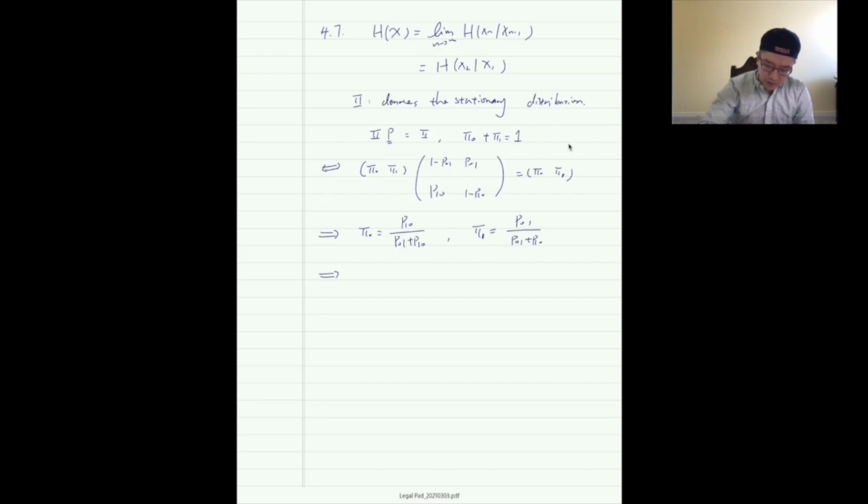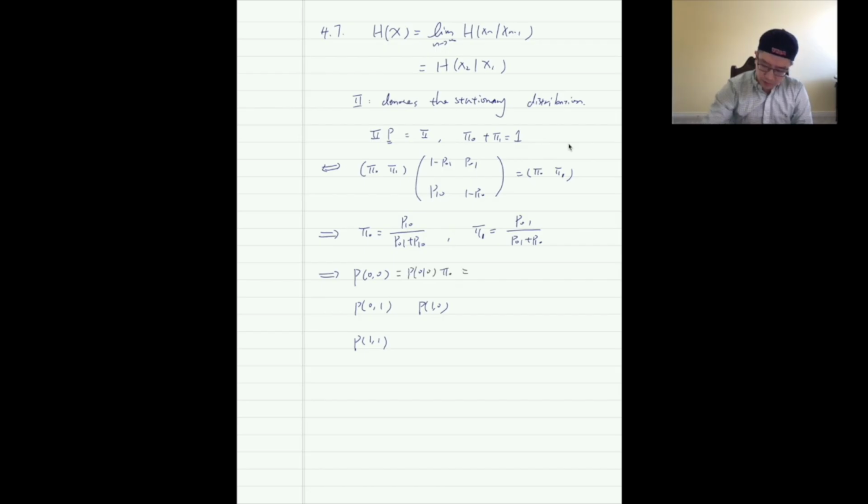Okay, so given this, the next step is to compute the joint distribution of all the states. So I have four cases: p00, p01, p10, and also p11. Now let's compute it one by one. p00 is nothing but p(0 given 0) times pi 0, right?